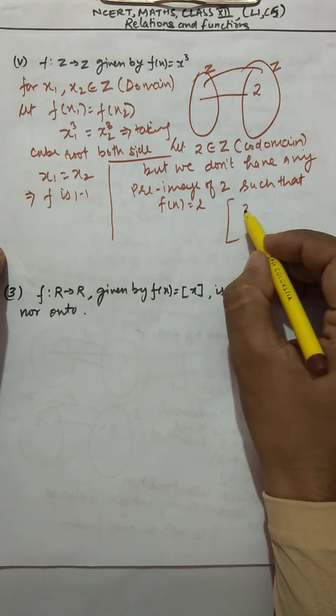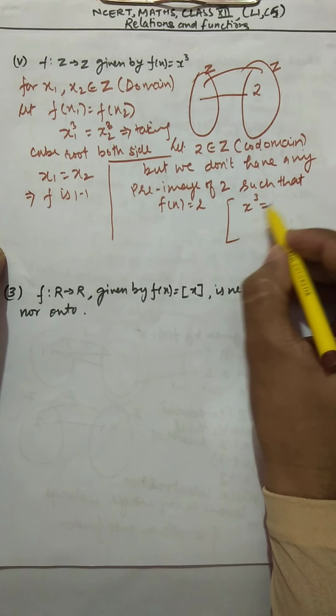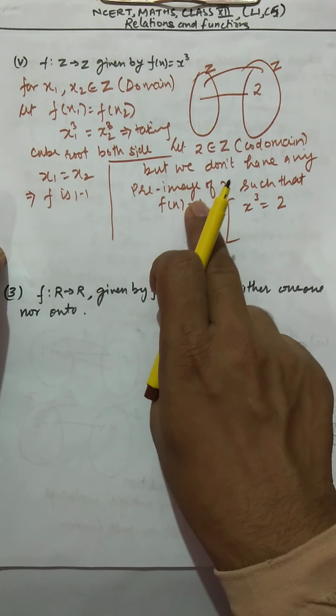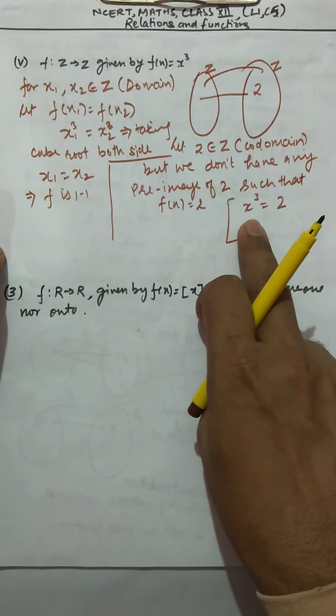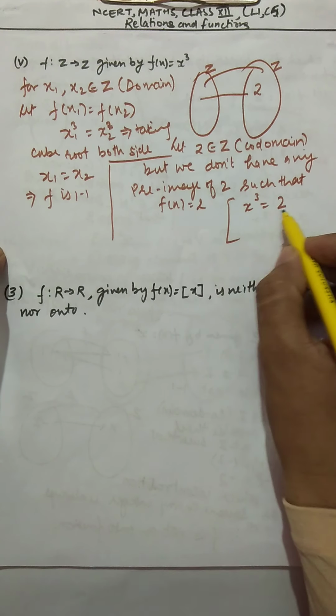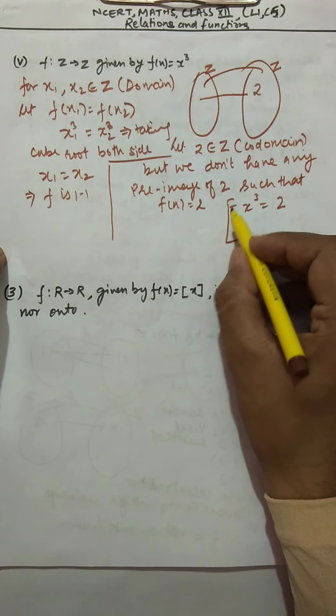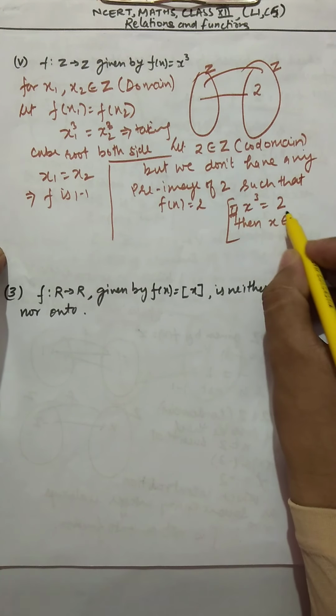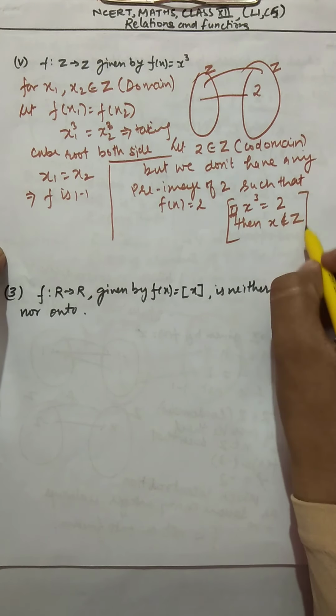The reason you may mention is that f(x) is x cube, which is equal to 2. So x cube is equal to 2, and x cannot be an integer then. So you can say that if x cube equals 2, then x will not belong to Z. So you can simply say after this example that f is not an onto function.